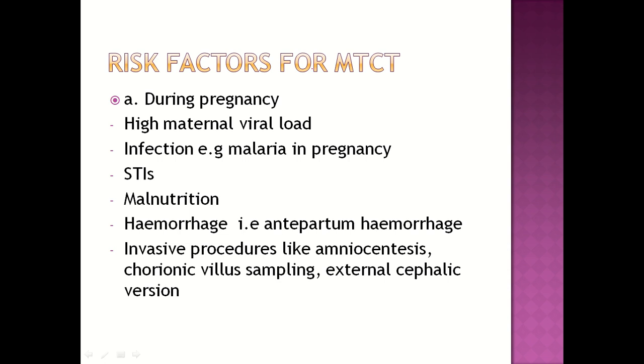First, are risk factors during pregnancy. Here we have high maternal viral load. We have infections, e.g. malaria in pregnancy, sexually transmitted infections, malnutrition, hemorrhage, that is antepartum hemorrhage, which is excessive bleeding from the female genital tract after 28 weeks during pregnancy, or bleeding before the onset of labor.